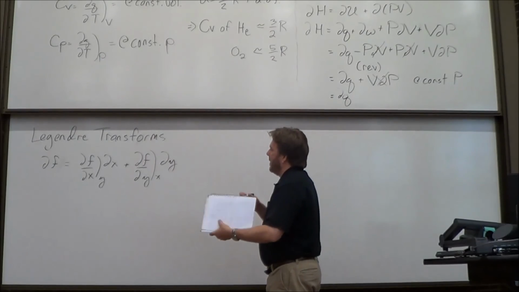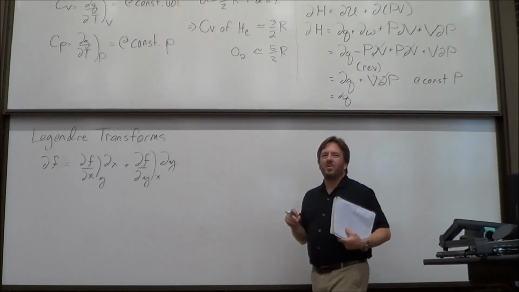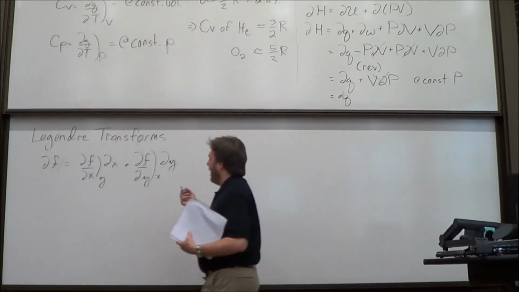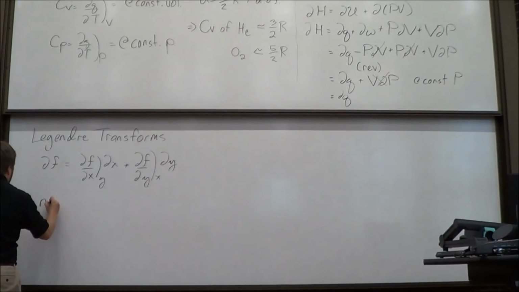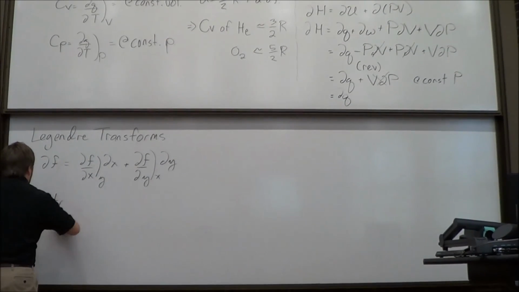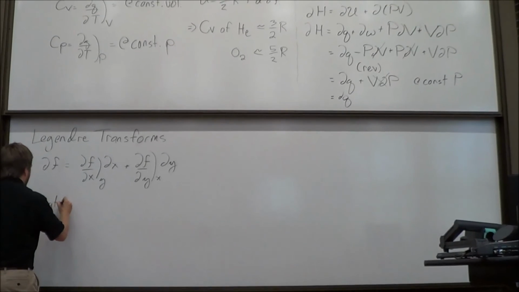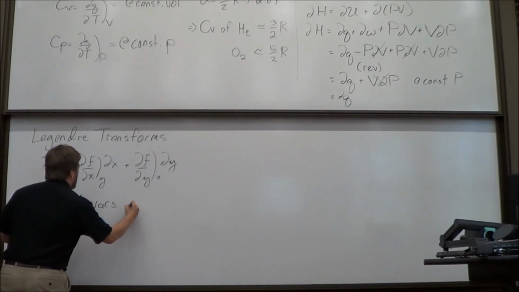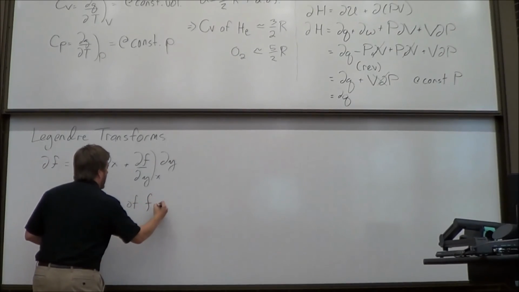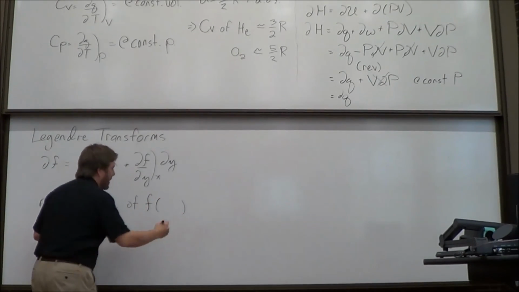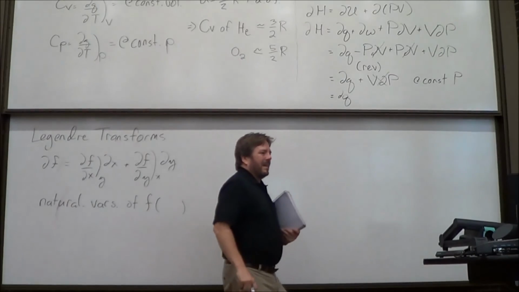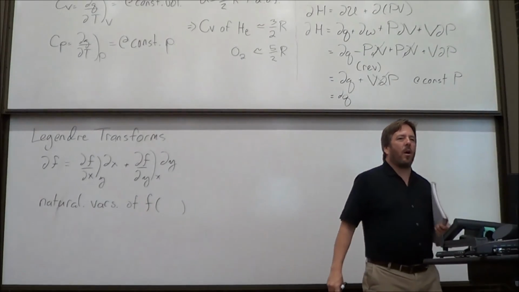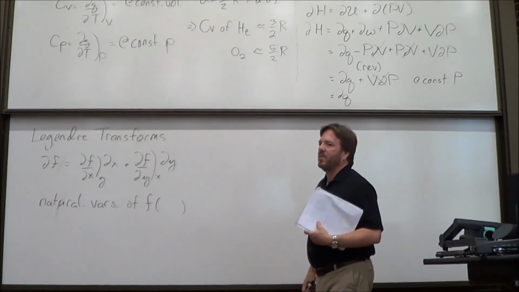What I need to do is figure out what are the natural variables of f. And so I'll write that down. Natural variables of f. And of course I'll insert them in here. This is a concept that only exists in the mathematics of thermodynamics.